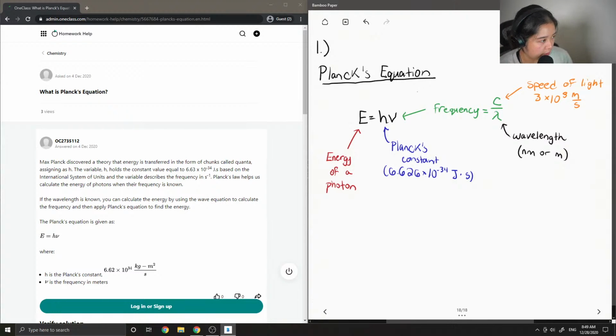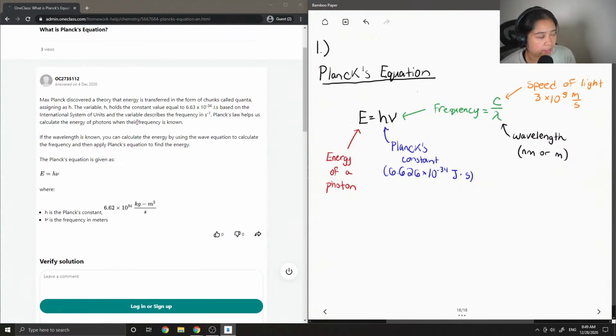Okay, so let's see what the junior tutor said. Max Planck discovered a theory that energy is transferred in the form of chunks called quanta, assigning as h. The variable h holds the constant value equal to 6.63 times 10 to the negative 4 joules times seconds, based on the International System of Units, and the variable describes the frequency in 1 over seconds.